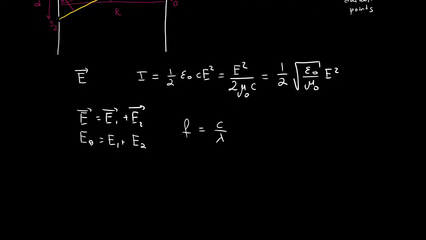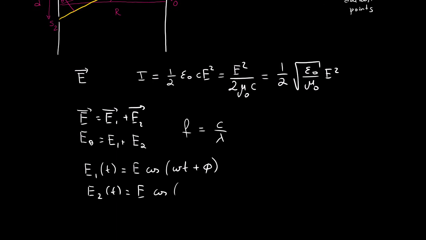So I can write E1 at t equals E cosine omega t plus phi, and E2 at t equals E cosine omega t, where obviously you already figured out that phi is the phase difference, and it depends on the angle theta.